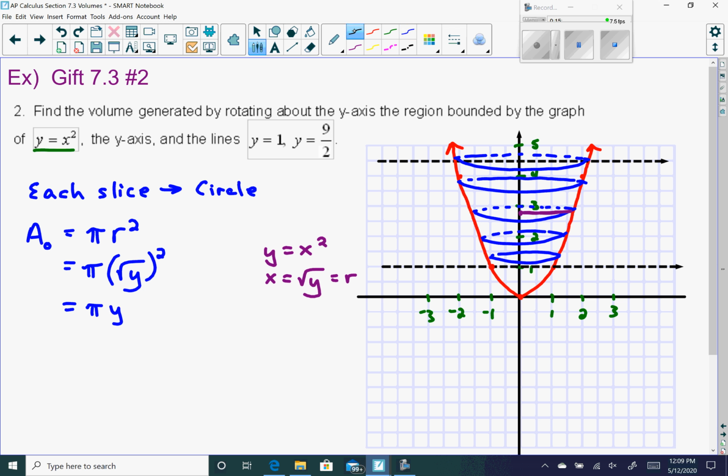So when we go to write our volume, that's going to be the integral. Now, this is with respect to y, so it's going to be y equals 1 to y equals 9/2 of pi y dy. And we'll go ahead and finish this.